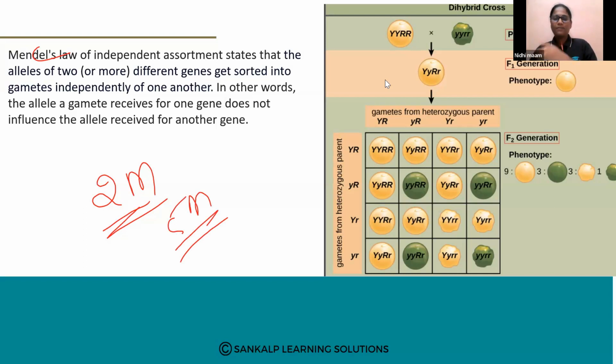Explain, elaborate ಅಂತ ಏನಾದ್ರೂ ಹೀಗೆ ಕೇಳ್ತಾರೆ. ಅವಾಗ ಏನ್ ಮಾಡ್ಬೇಕು? You have to solve the dihybrid cross example and you have to state the law of independent assortment. I hope it is clear now.